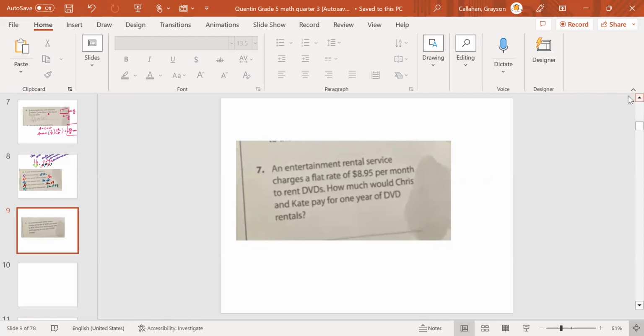How much would Chris and Kate pay for 1 year of DVD rentals? Okay. How many months are there in a year? So 1 year equals 12 months. What would you have to do? Good, good. I'll do this with you.